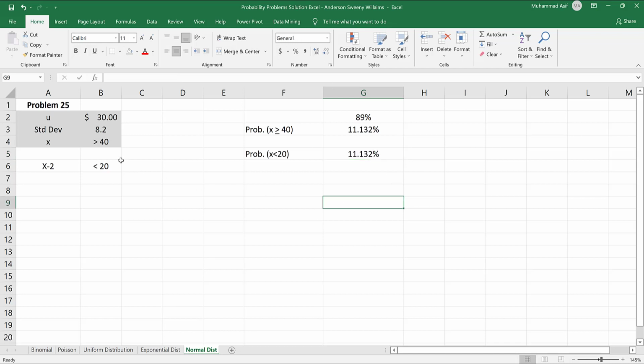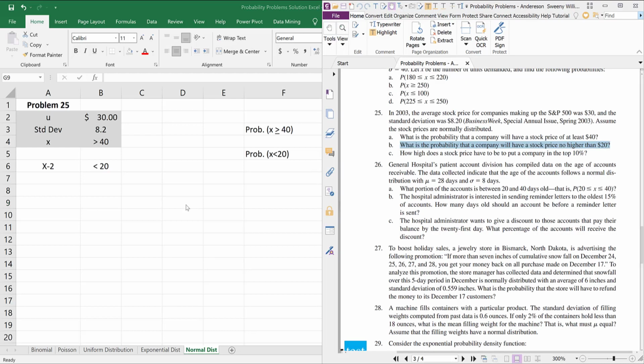However, if our question is what's the probability that it will be greater than 20, then the question is talking about the upper tail or the right tail, and in that case we would need to subtract this probability from 1, and that would be our answer. But since the question is only asking about less than 20, it is 11.13%.